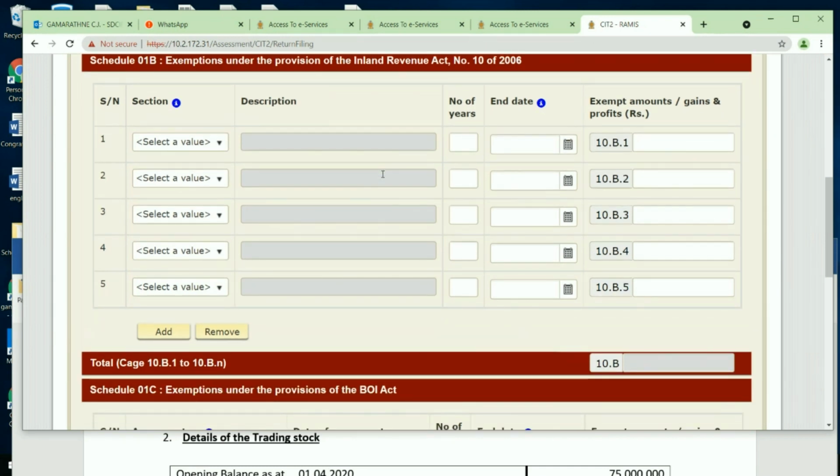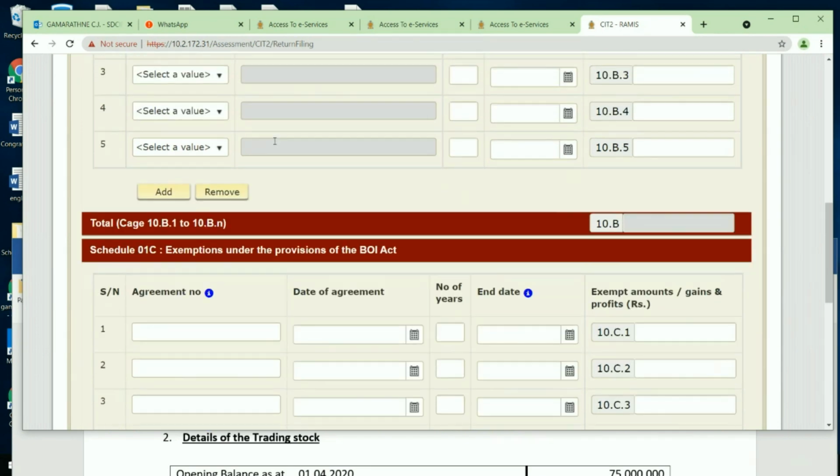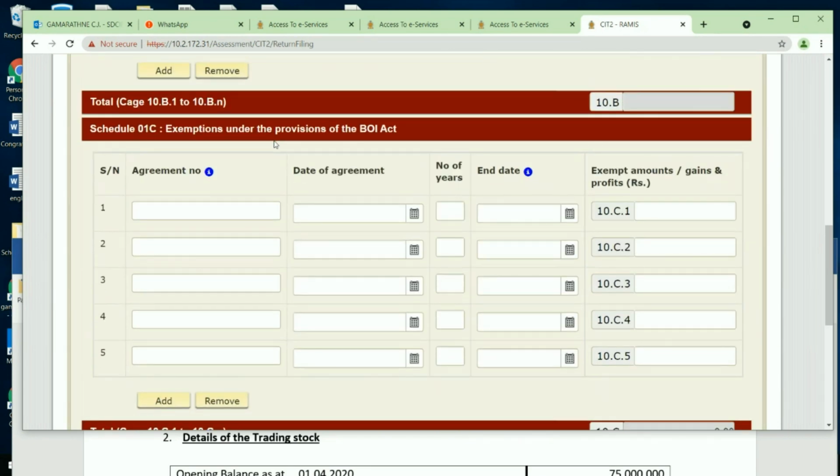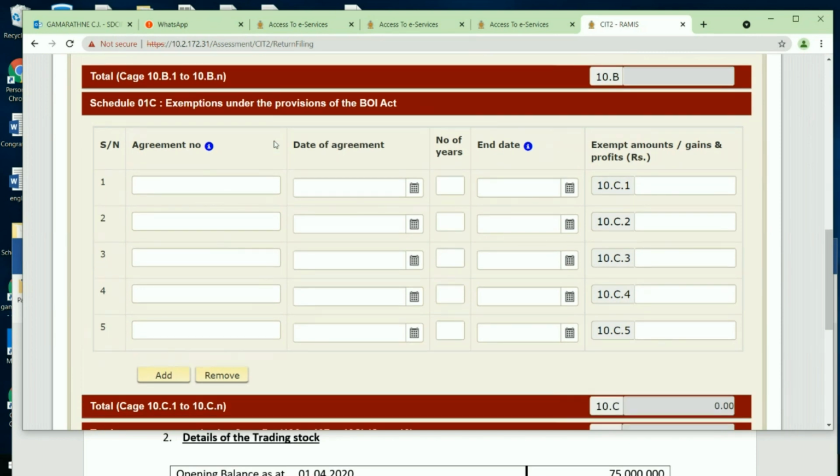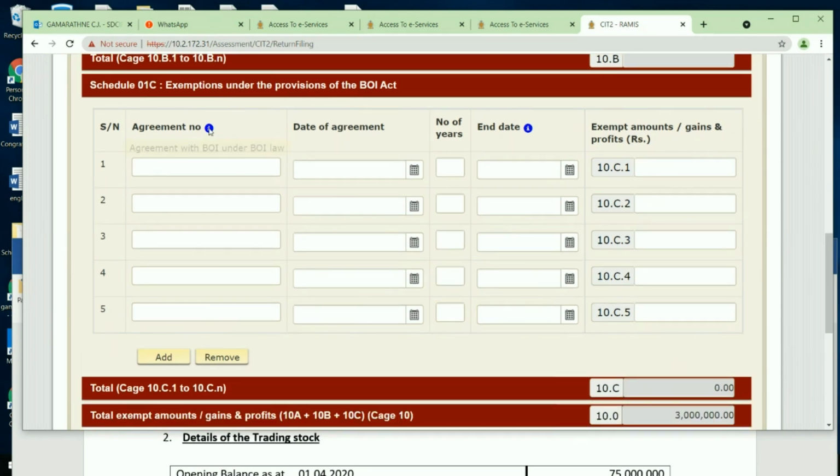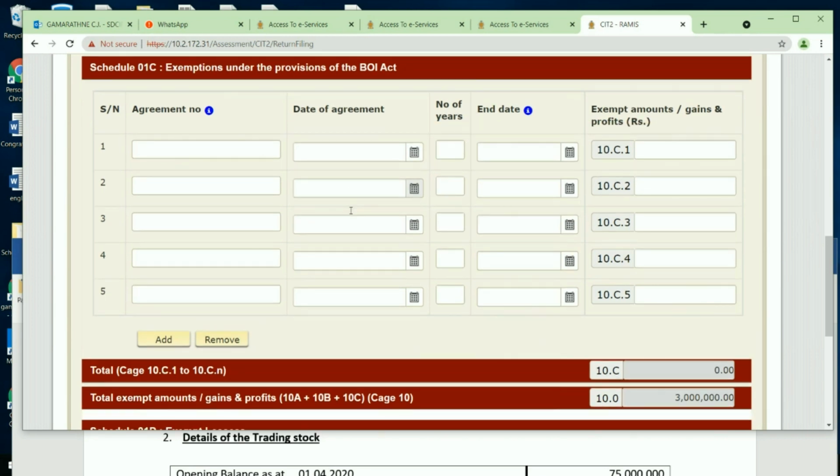You have to enter the agreement numbers, the agreement dates, how many years you are supposed to claim this exemption, and what the end date of this exemption is. You have to verify those data with your previous return submissions and enter the data related to this exemption.